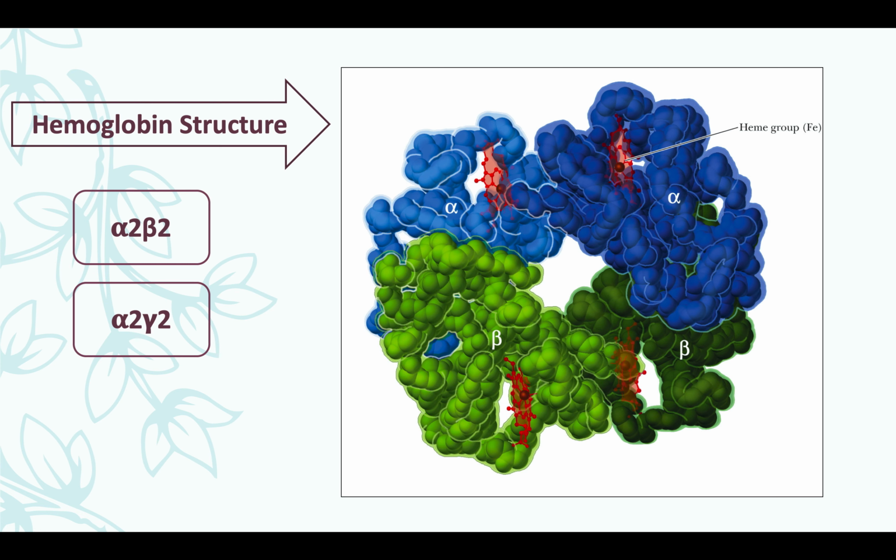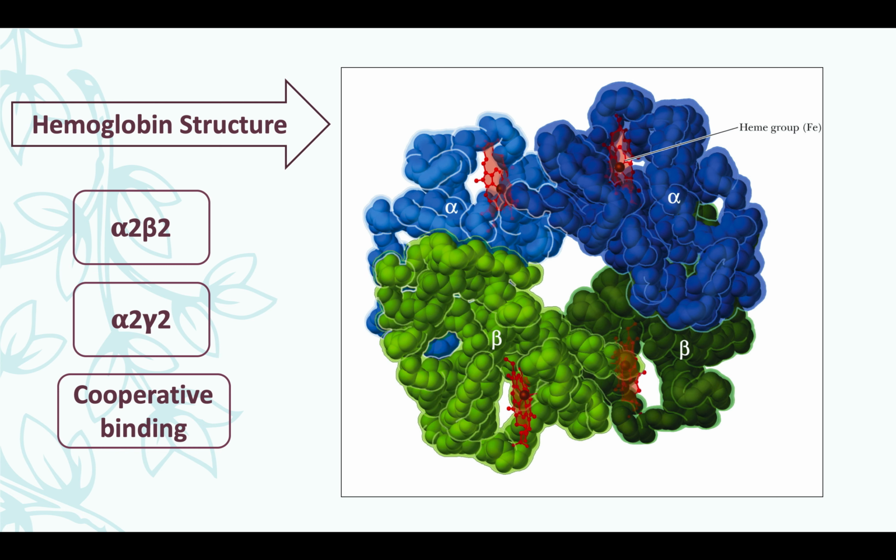This level of structure provides additional properties to hemoglobin which are absent from the monomeric myoglobin. Remember, we said that hemoglobin can bind up to 4 oxygens. This protein exhibits positive cooperativity, or what others call cooperative binding.